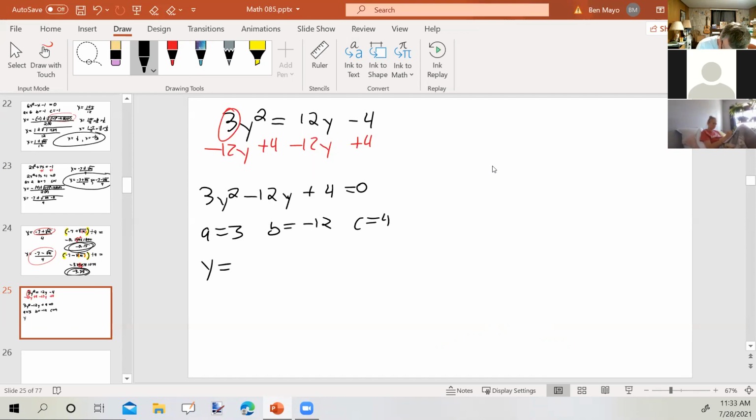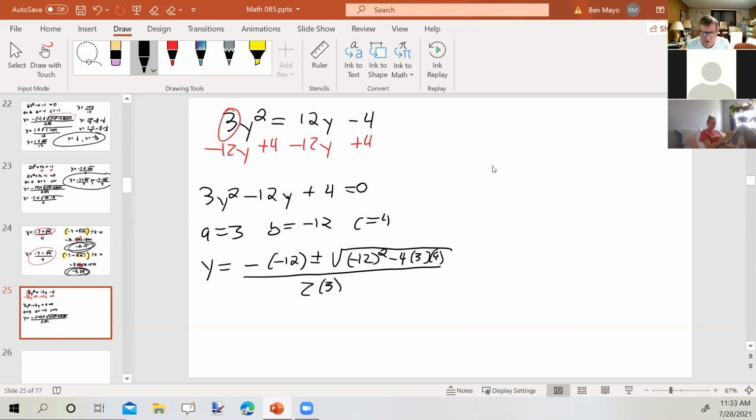So y equals -b plus or minus the square root of b squared minus 4ac all over 2a. There is a song that people use to memorize this.